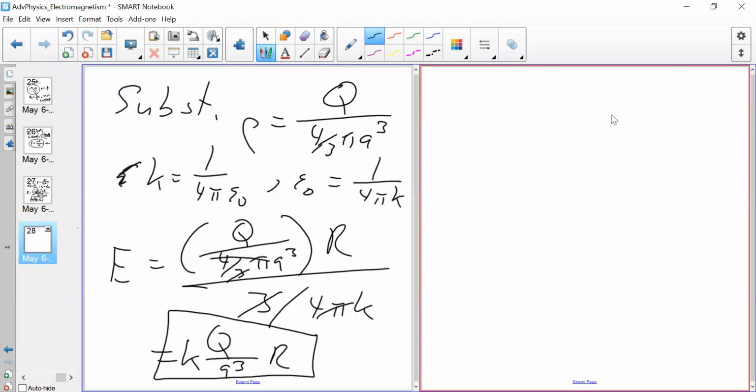So let's talk a little bit about a what-if scenario. We're going to see what happens. Suppose that the radial position R equals A is approached from inside the sphere and from outside.